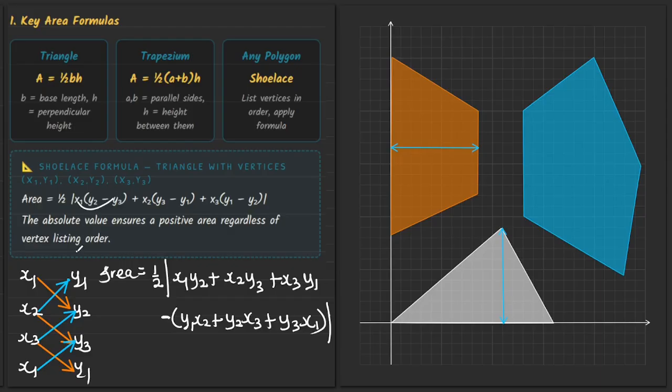Then x1 times y3, that is x1 y3, or y3 x1, which is what we have here because it is negative. You can try expanding all of this, and you will get this over here. So now that the formulas have been presented, let's look at how we can apply it to solve questions.